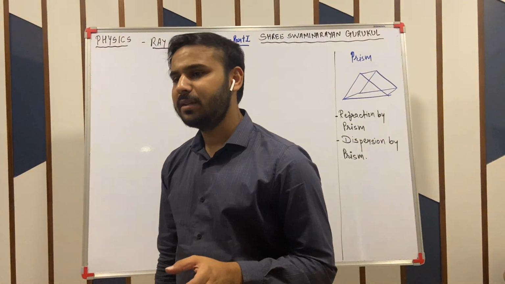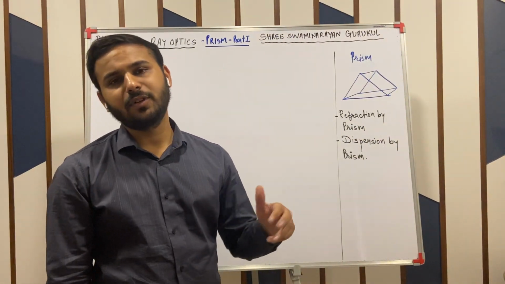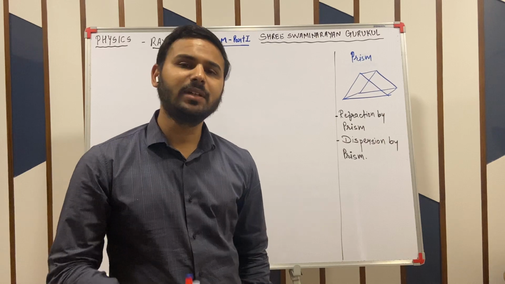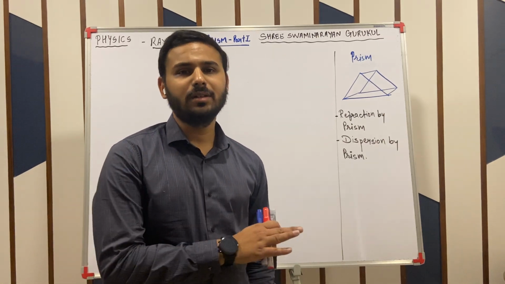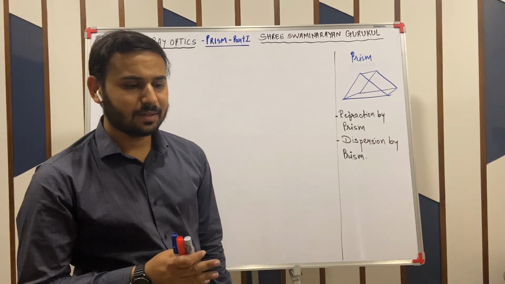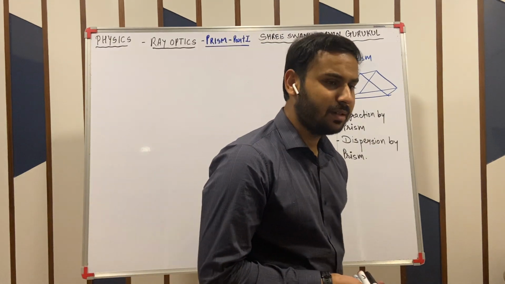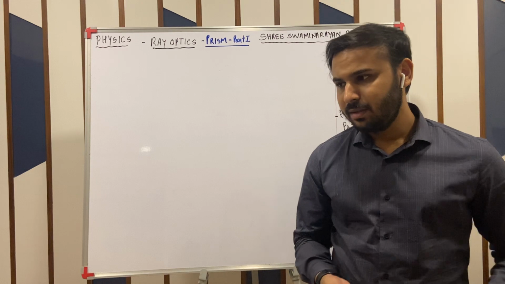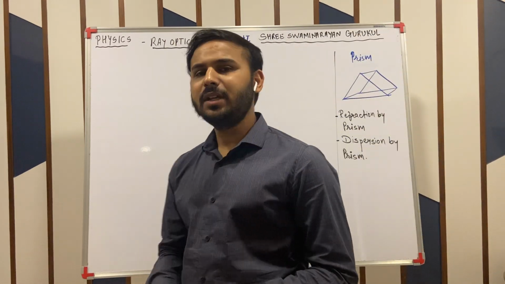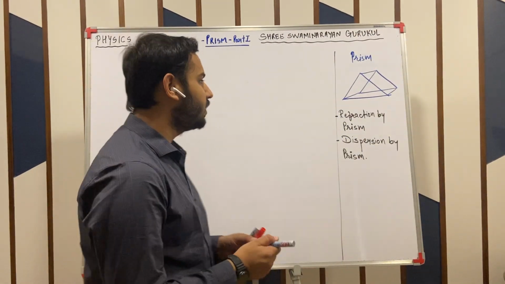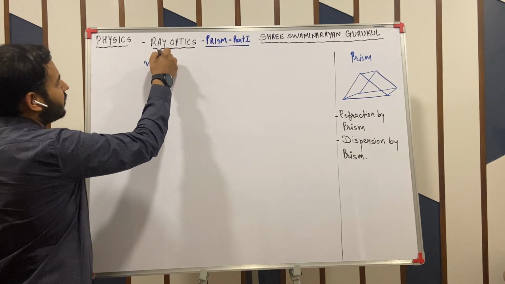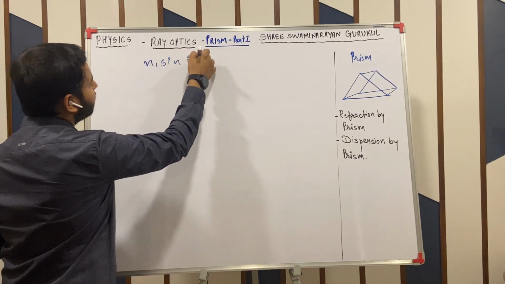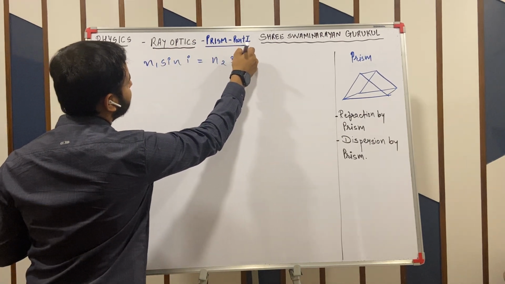See, in refraction, whenever light enters from one medium to another medium, whether it is rarer to denser or denser to rarer, light is supposed to change its direction as well as speed due to the refractive index of the medium. Right? In refraction, Snell's law must be followed, which is n1 sin i = n2 sin r.